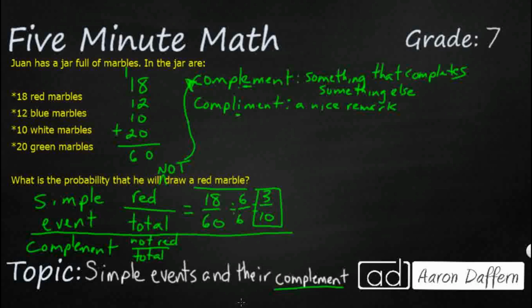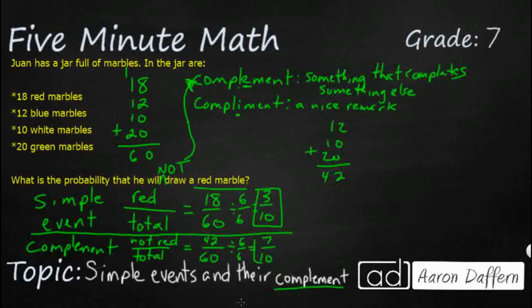We know our total is going to be 60. Our not red is going to be 12, 10, 20. So that's going to be 42. So I've got 42 sixtieths. Let's divide by 6 again, and that's going to be 7/10.